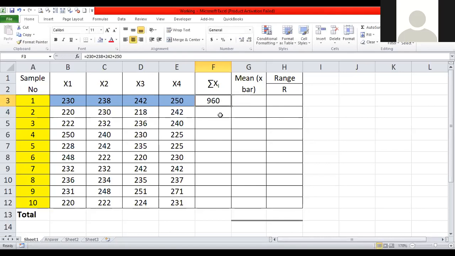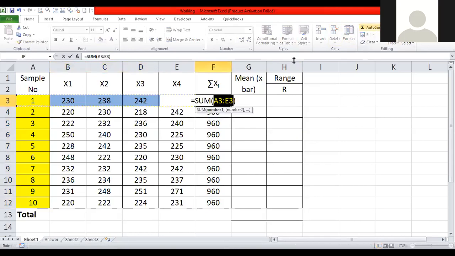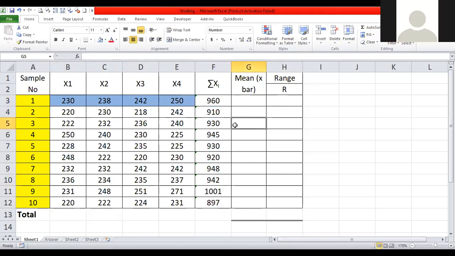So likewise, you have to get the total for each sample. So that is simple. You have to get the total. So this is the total values of each sample.